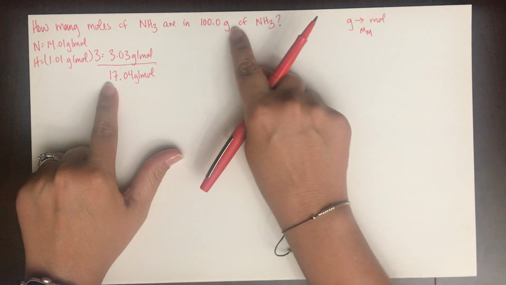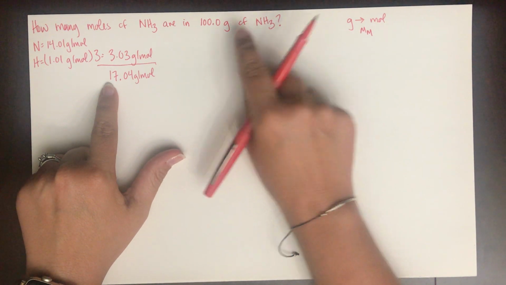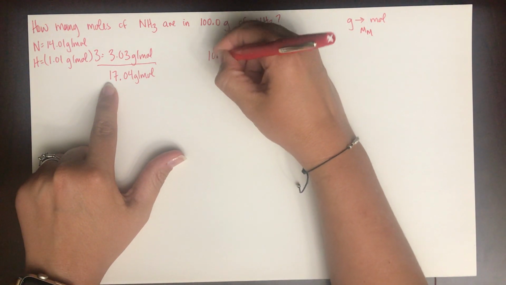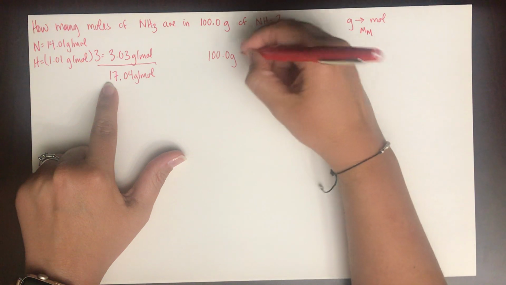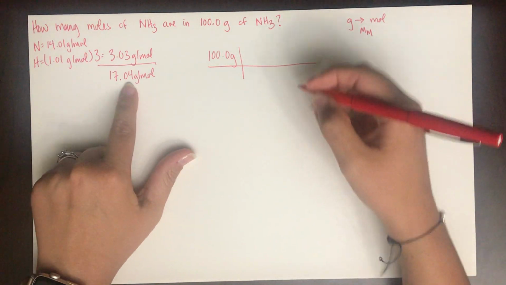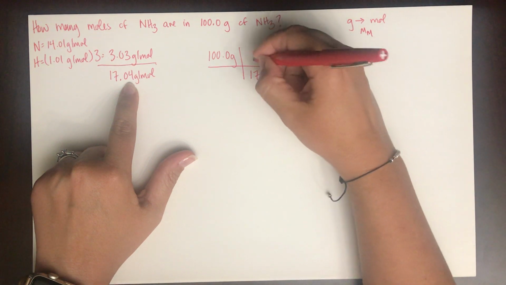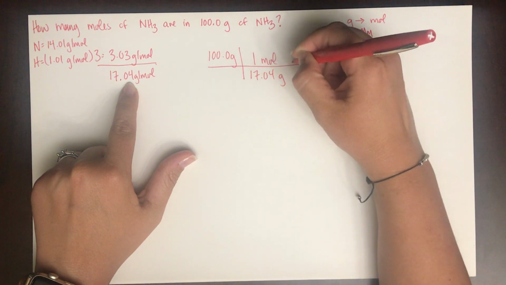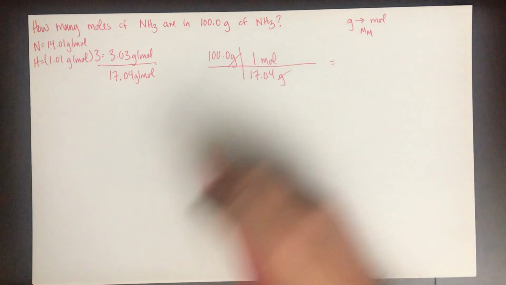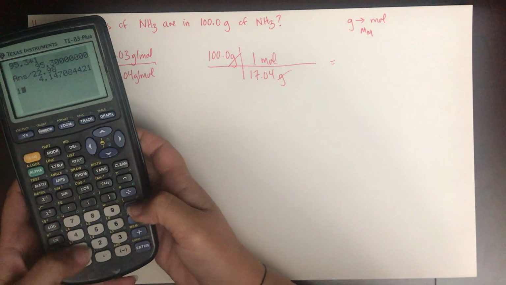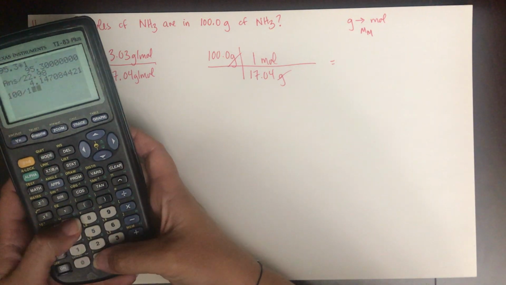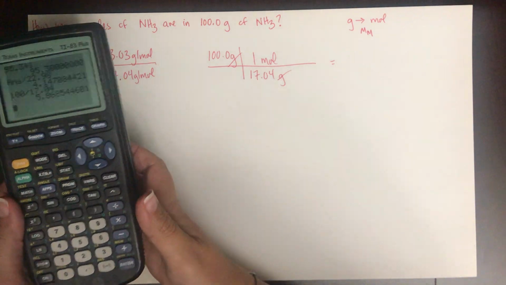So now we're going to use it to convert grams of ammonia to moles of ammonia. So I'm going to say 100.0 grams of ammonia. And the molar mass of ammonia is 17.04 grams of ammonia in 1 mole of ammonia. Grams will cancel, so now I have 100 divided by 17.04.